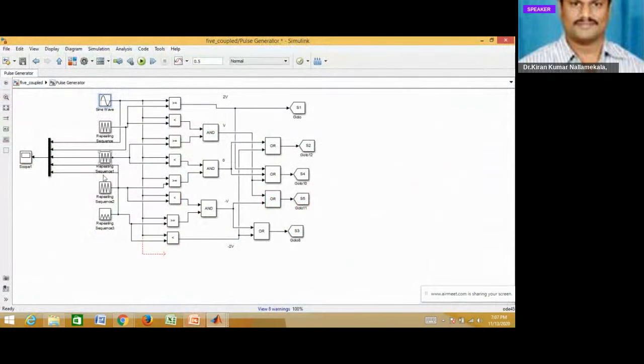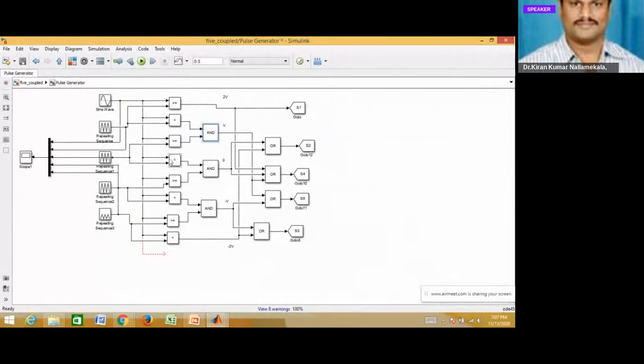So 4 triangular waves are taken, and if the sine wave is greater than the first triangular wave, this is equal to 2 VDC. If the sine wave is less than the first triangular wave and greater than the second triangular wave, both are given to an AND gate, and in this case we take it as plus VDC.